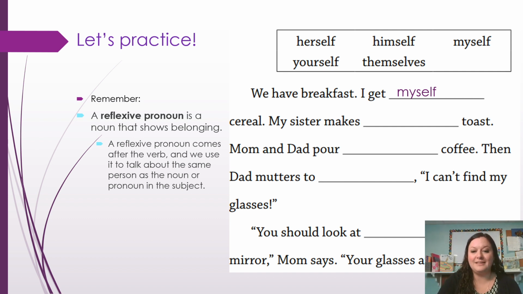Keep reading with me. My sister makes blank toast. The subject is my sister. Which word from our box would help to make that sentence complete and talk about my sister?